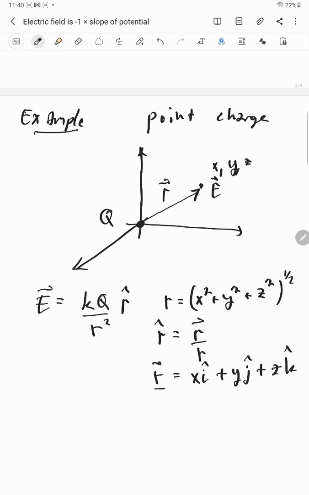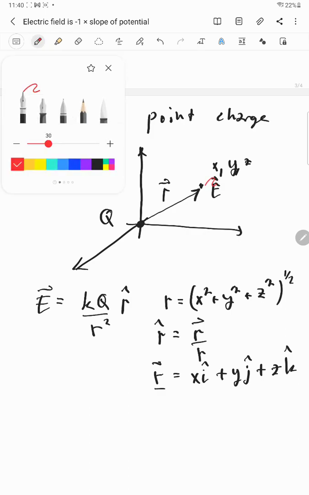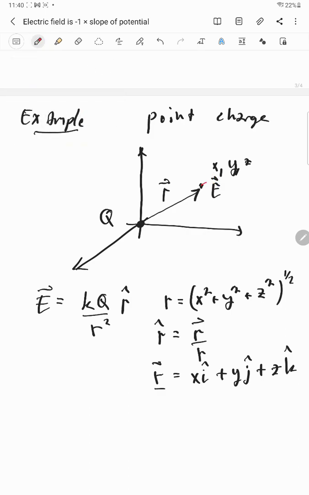So in this case, the r hat vector is the vector that points right there. That's the little r hat vector, right? It's a little unit vector that points the correct direction for the electric field. If Q was negative, then that negative sign would be in this equation, and that negative sign could be interpreted as flipping the direction, right?